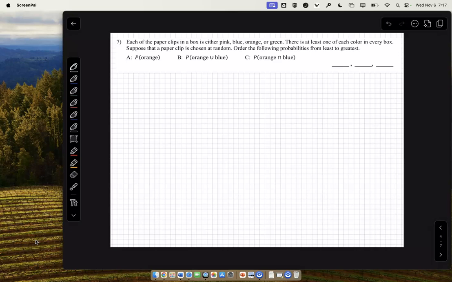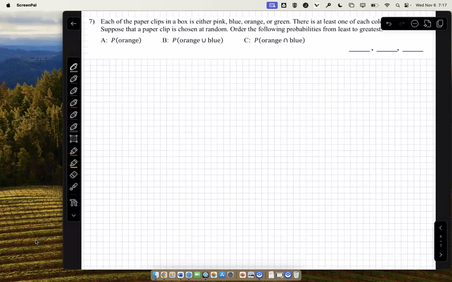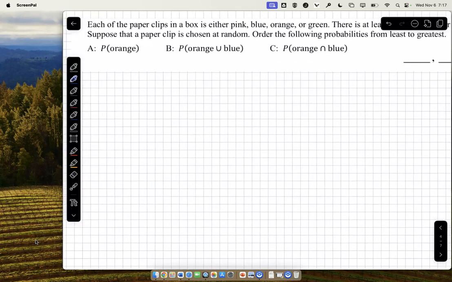And that's the point. The point is an understanding of the different probabilities. And this is saying I just want the probability of orange. That's it. This is saying I want the probability of orange or blue. So let's just compare those first.